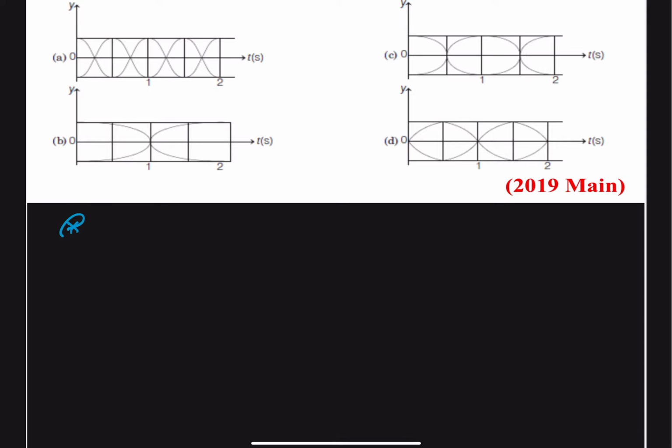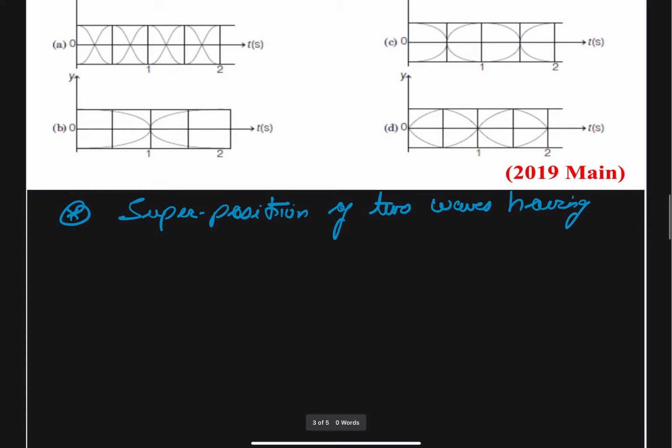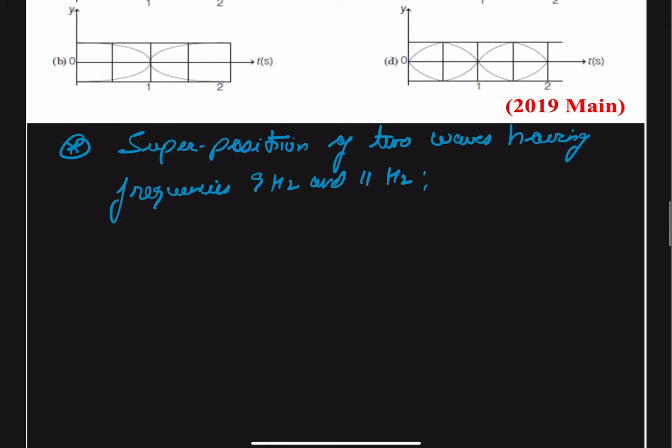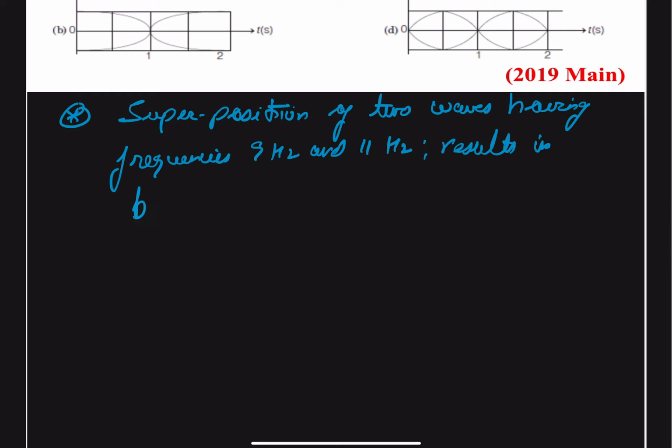We say the superposition of two waves having frequency 9 Hertz and 11 Hertz results in beats. So we can find out the beat frequency.